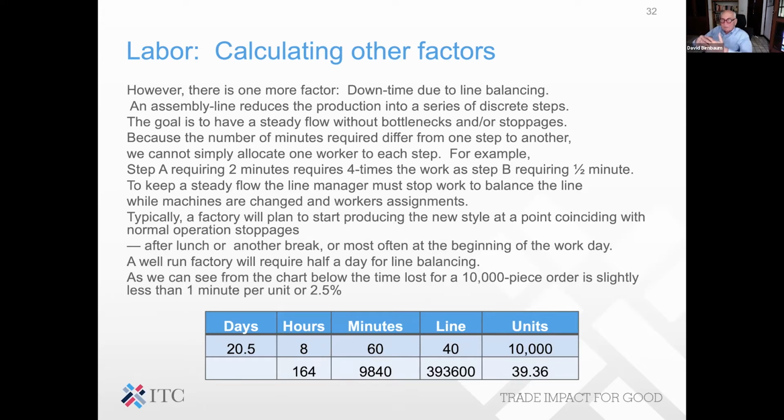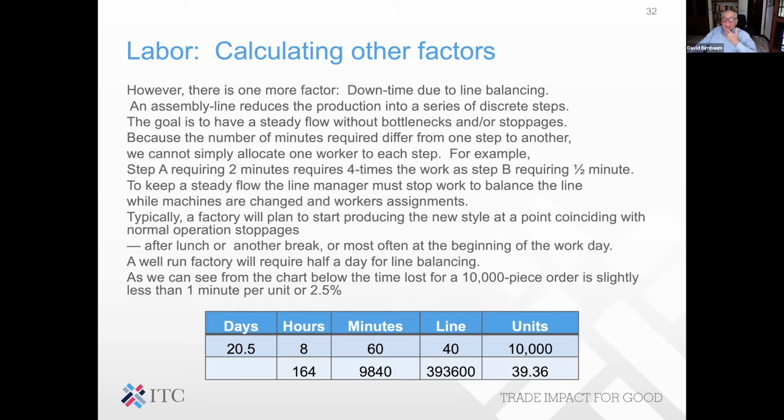Because the line has to be rebalanced for every style, you can only have one style in the line at a time. So at a certain point, the style has to come to an end, and you rebalance.